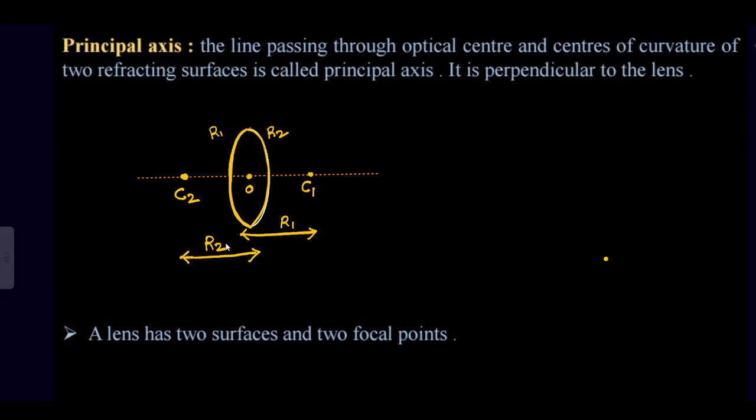Now this lens has two surfaces as well as two focal points, isn't it? This surface will have one focus, and this will have another focus. If I call the focus of the first surface F1, this is the focus of the second surface, that is F2.